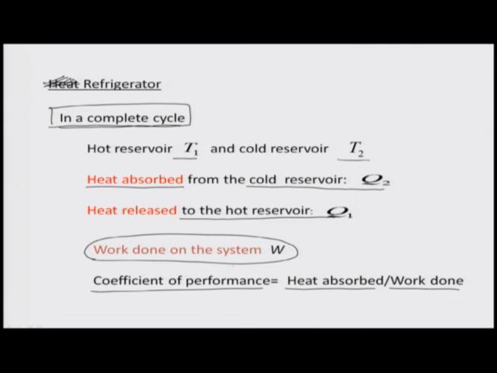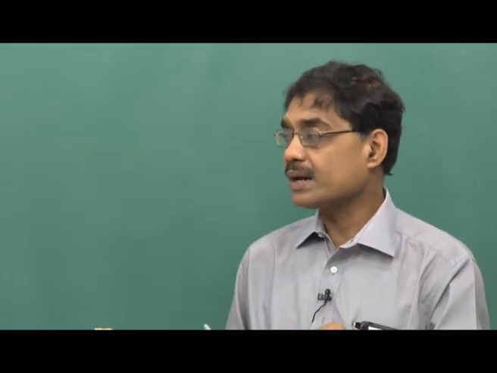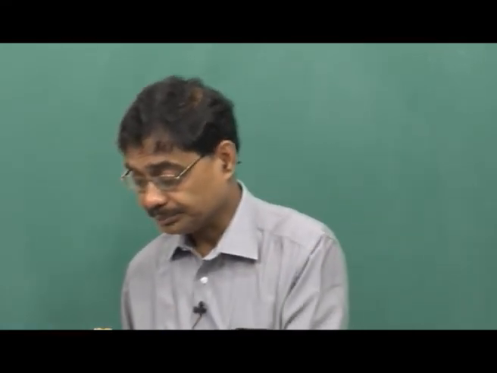Heat is absorbed from the cold reservoir and released to the hot reservoir. This difference from heat engines one should bear in mind. Furthermore, this time I am not getting work out of the system, rather work is done on the system.